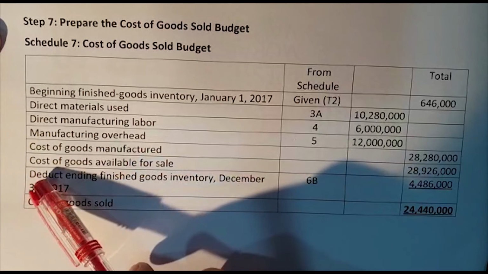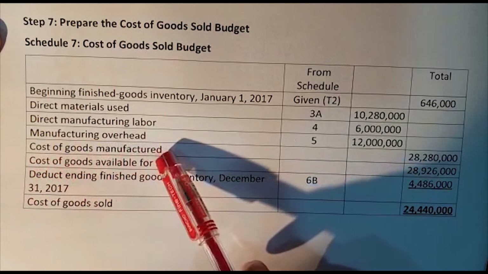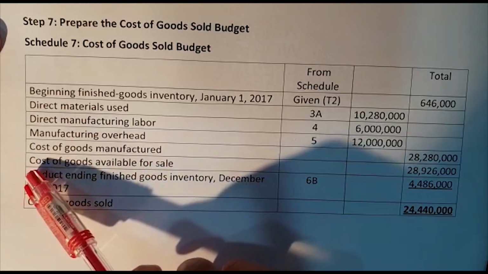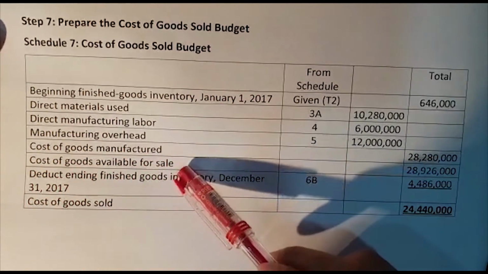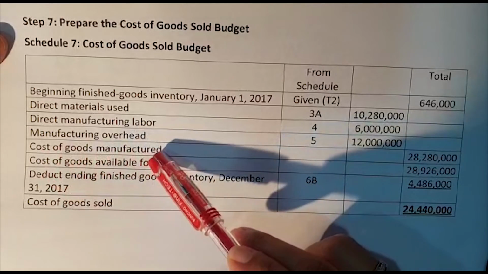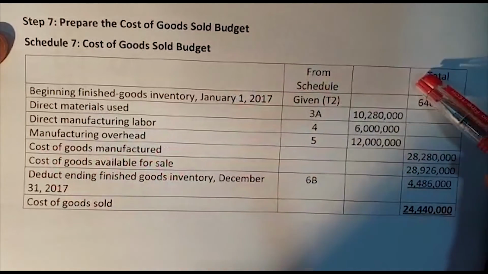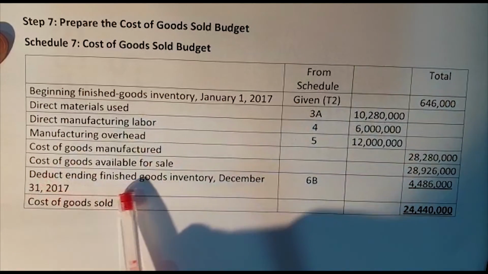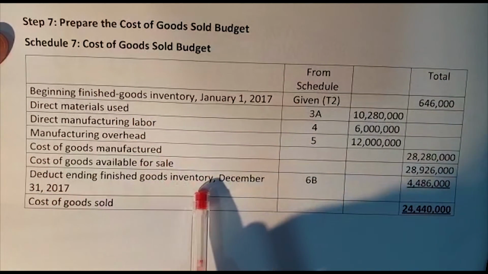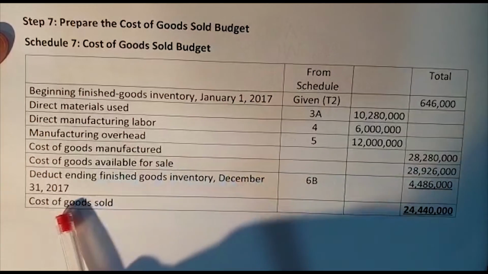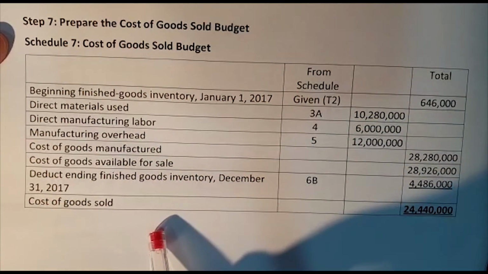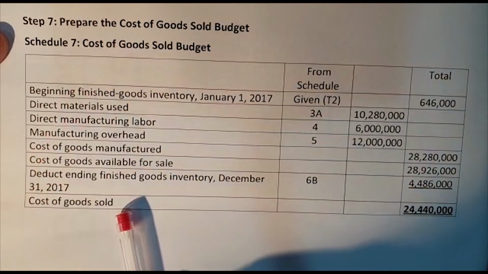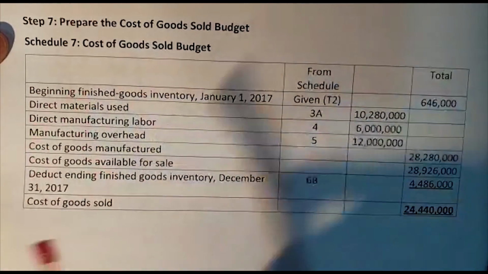Then we get the cost of goods manufactured. We total them up, then we get the cost of goods available for sale, where we add both cost of goods manufactured together with the beginning finished good inventory that we have. And we deduct our ending finished good inventory, and then we get our cost of goods sold. So that is basically the structure, and students have to memorize this kind of formula or structure.